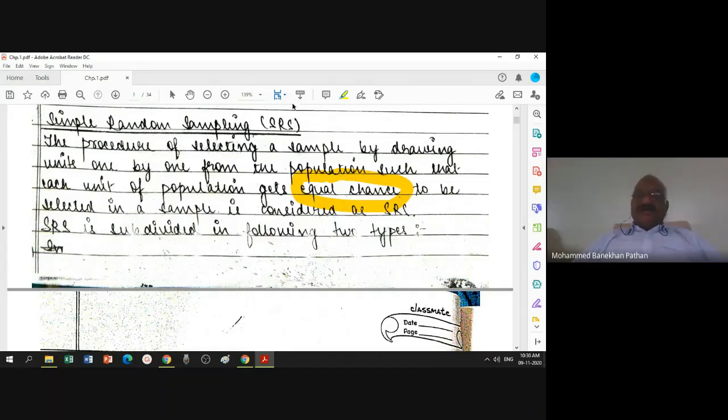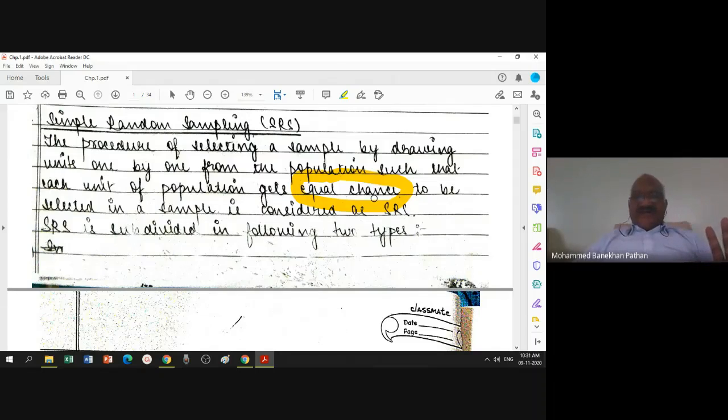Which method is simple random sampling? The method which gives equal chance to every unit of the population to be selected in the sample. So you have to develop the method such that it will provide equal chance to each and every element. That method will be labeled as simple random sampling.